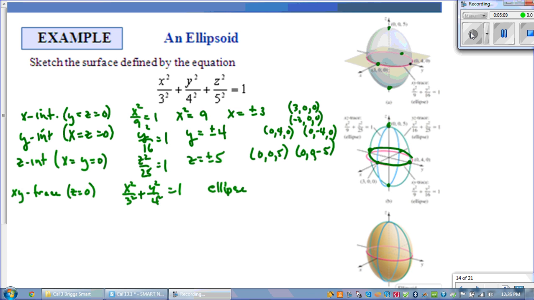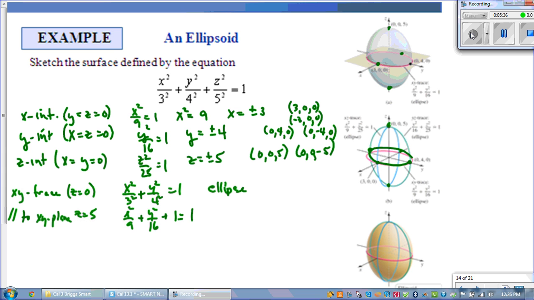Now, if you want to find an ellipse parallel to the xy plane, you could let z be, let's say, 5. So this will be a plane parallel to the xy plane. And you'll have x squared over 9 plus y squared over 16 plus z squared, so plus 5 squared over 5 squared, so plus 1 equal to 1.